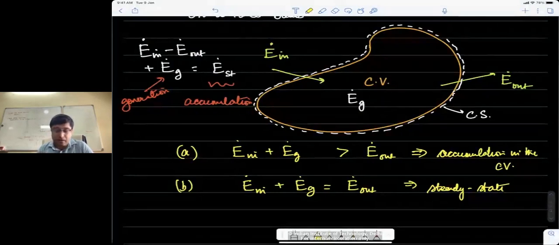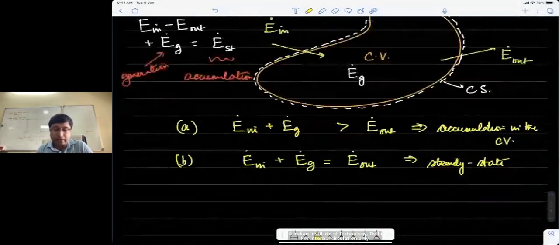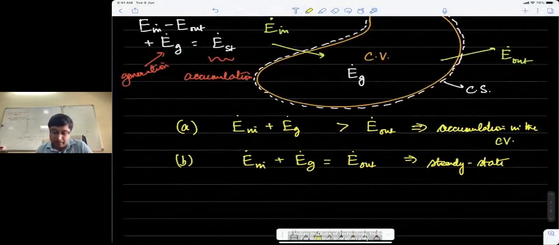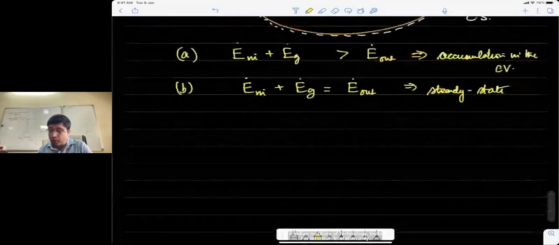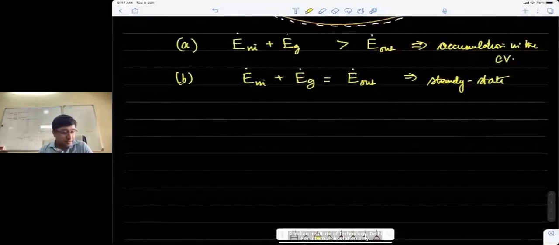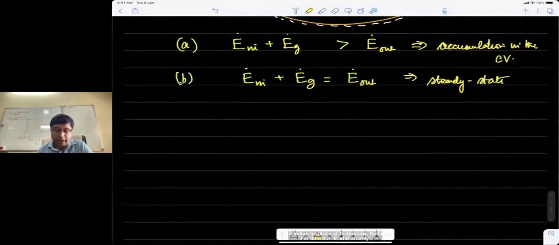They will affect the whole volume, and so they are essentially proportional to the volume of the CV, and the rate at which energy comes in or goes out would be dependent on the surface area of this control volume. So keep this in mind, because I want to use this now to show you one fundamental aspect of how to apply boundary conditions in any heat transfer problem, and this is again based on conservation of energy.